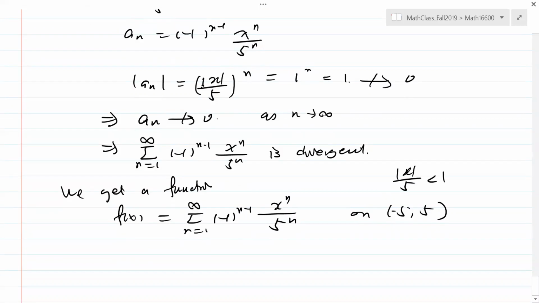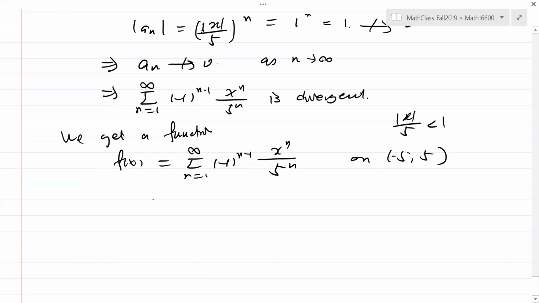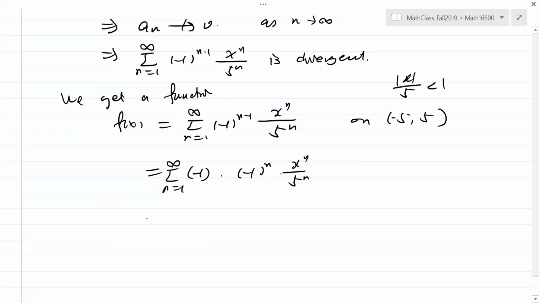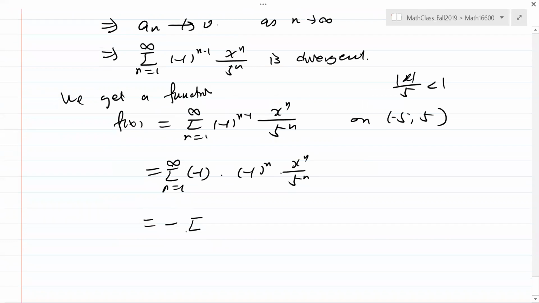I'm going to rewrite this. I take a negative sign out, and I put negative x over 5 to the n. Then this is a geometric series.